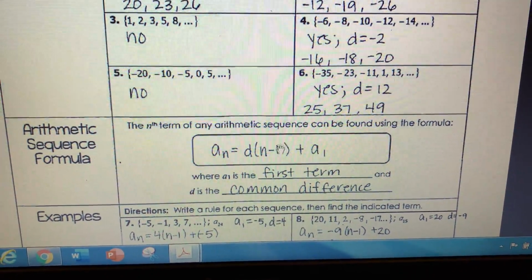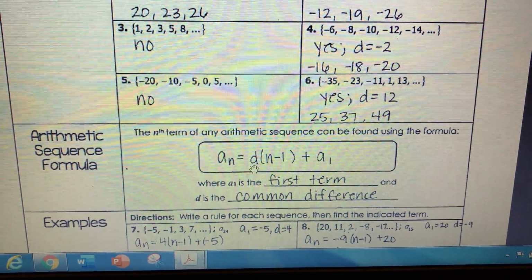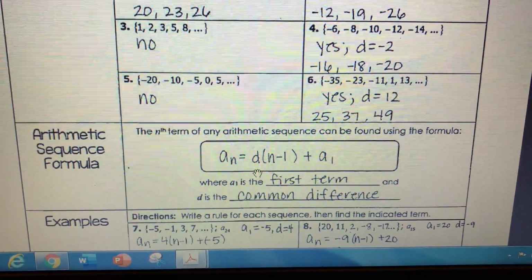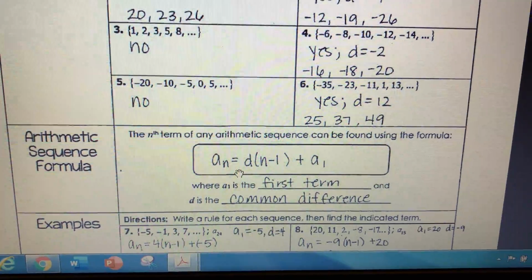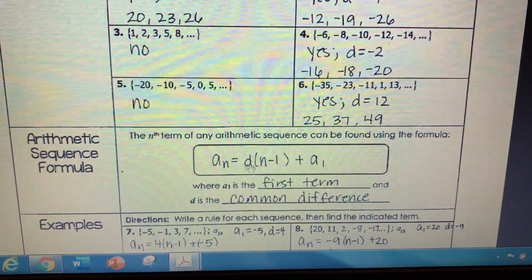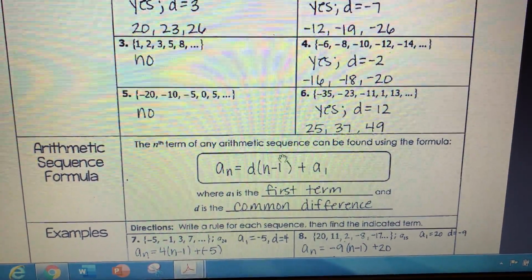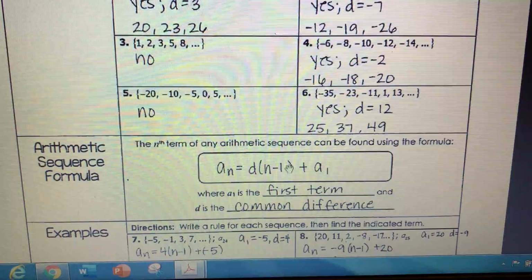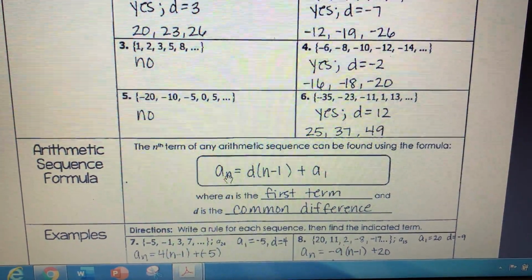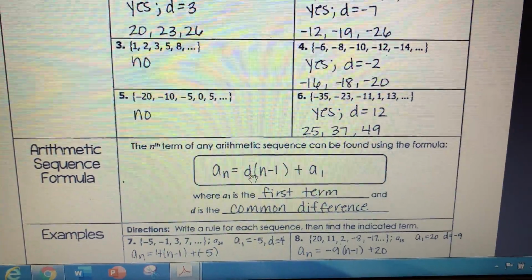And so here's the formula. If you find that constant, that variable d, by which all of the terms are changing, then you can find any term by just multiplying d, the amount that it's changing, by n minus 1. So for example, if we wanted to find the 10th term, let's say it's going up by 2 every term.